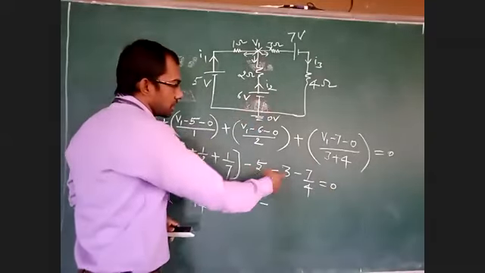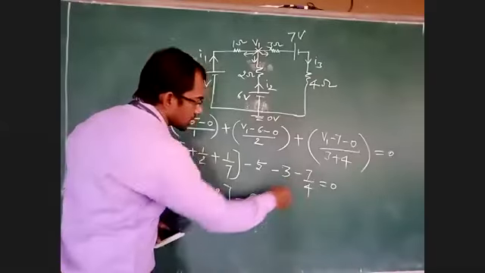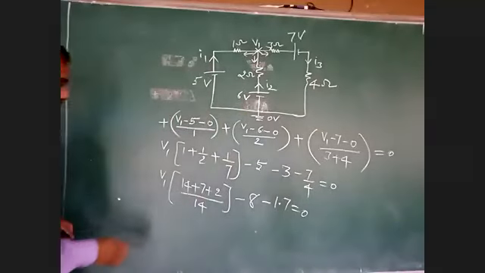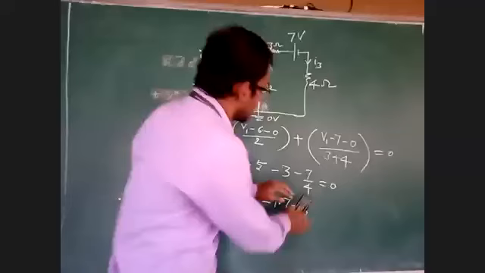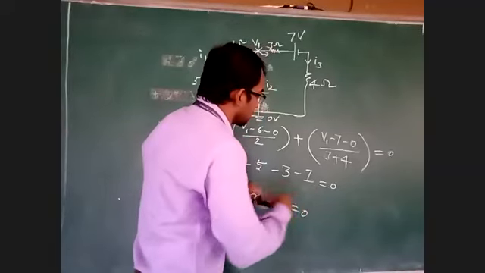That is minus 5 minus 3, minus 8. Minus 7 by 7, that is 1.